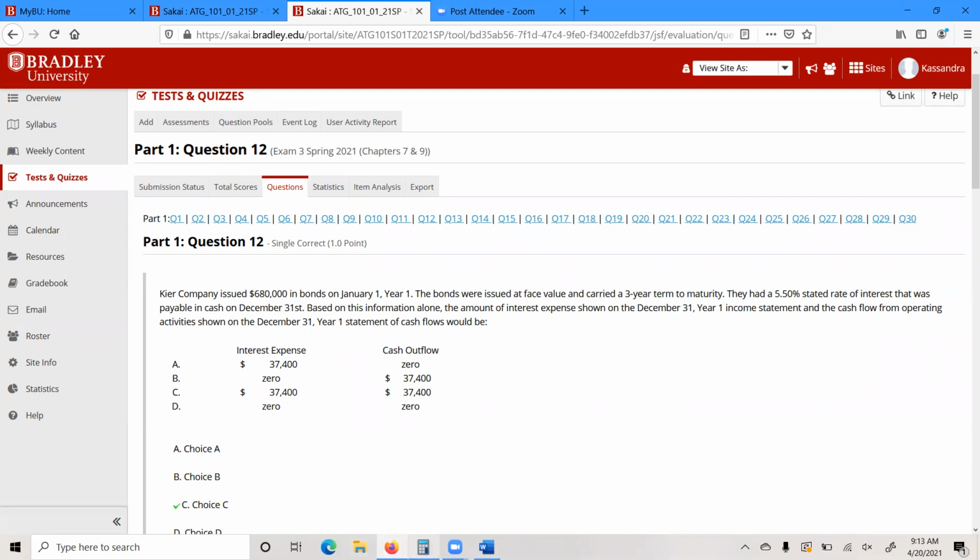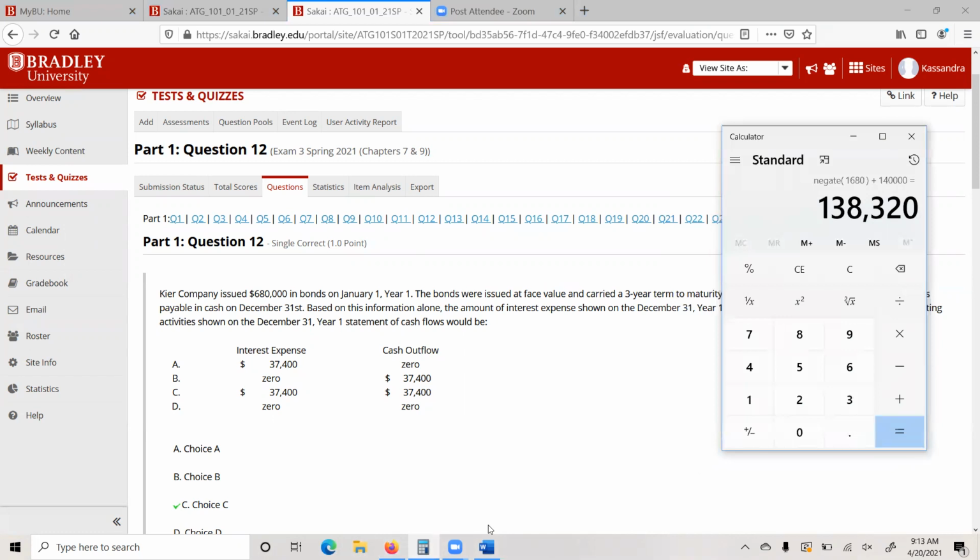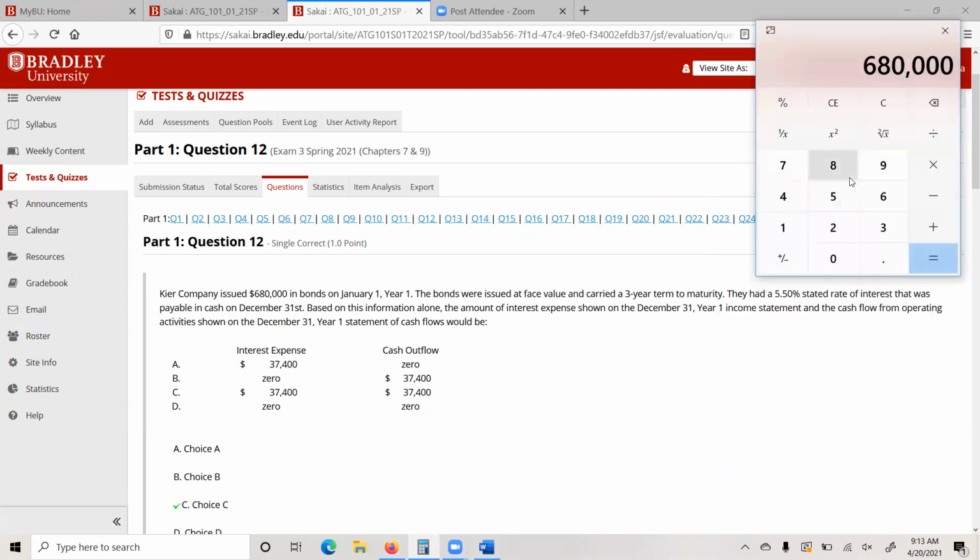So at the end of year 1, we would have paid a year's worth of interest, $680,000 times 5.5%. So that comes out to the $37,400 you see given in the solutions.